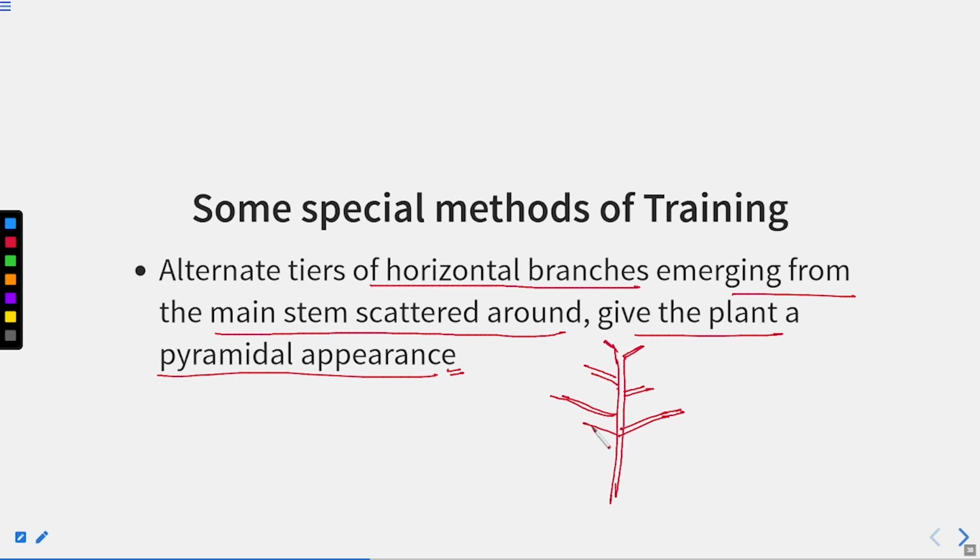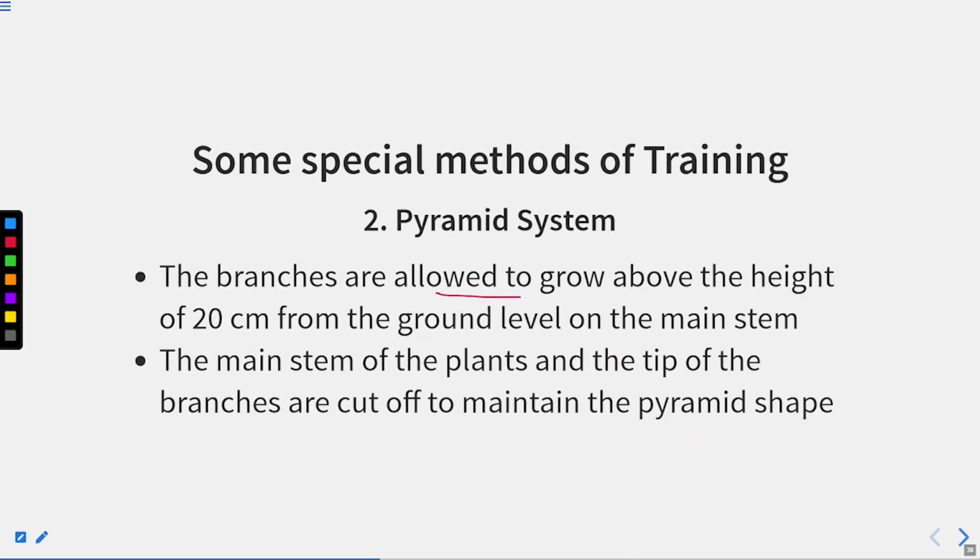So basically it is attaining the shape of a pyramid. The branches are allowed to grow above the height of 20 centimeters from the ground level on the main stem. So the first horizontal branch will be at 20 centimeters from the ground.